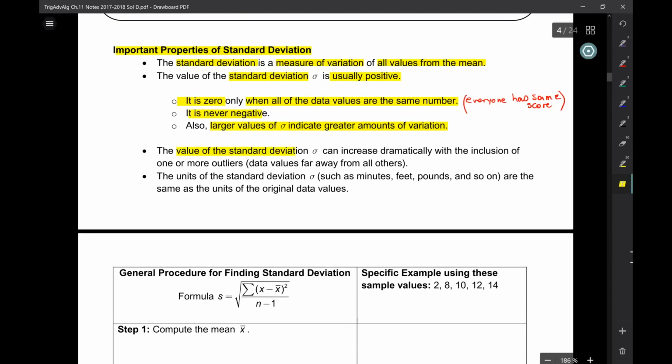The value of the standard deviation can increase dramatically with the inclusion of outliers. And the units of standard deviation are the same as the original data values. So if we're talking about height in feet, the standard deviation is like 4 feet.